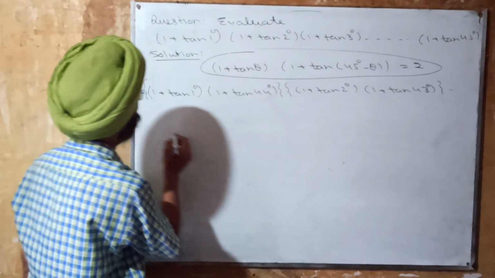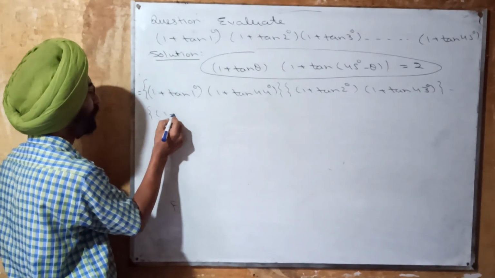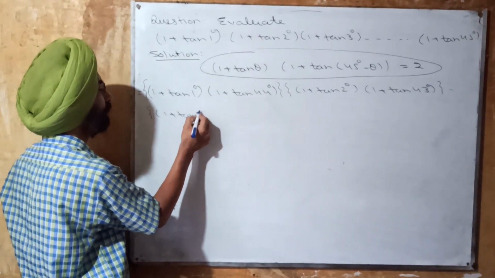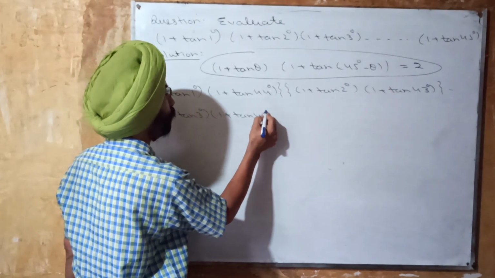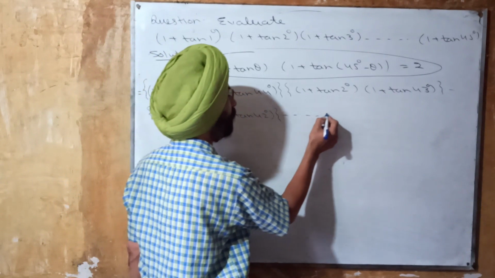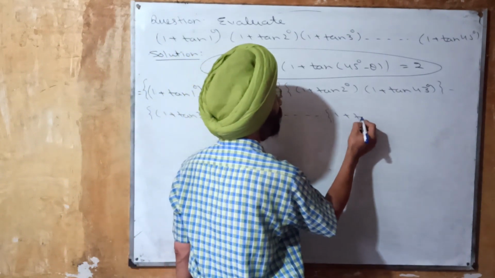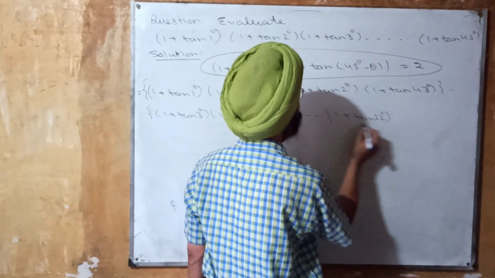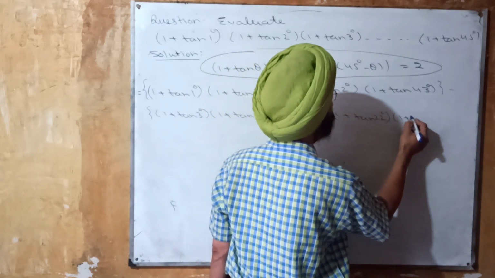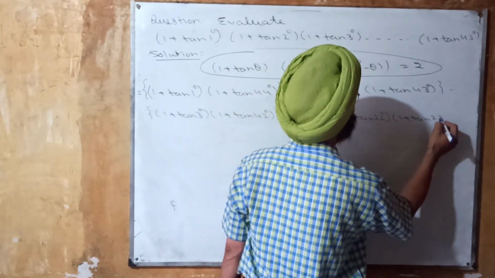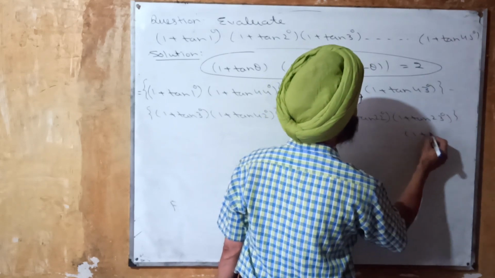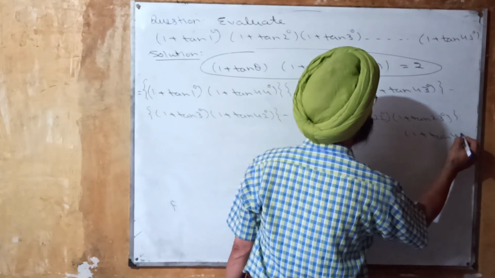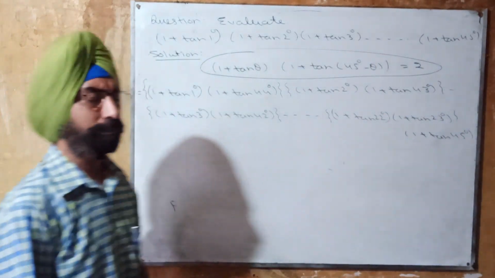Then 1 plus tan 3 degree, I am going to pair it with 1 plus tan 42 degree, and so on. 1 plus tan 22 degree will be paired with 1 plus tan 23 degree, and one term, the last term, 1 plus tan 45 degree will remain. So I am writing it as a separate term.